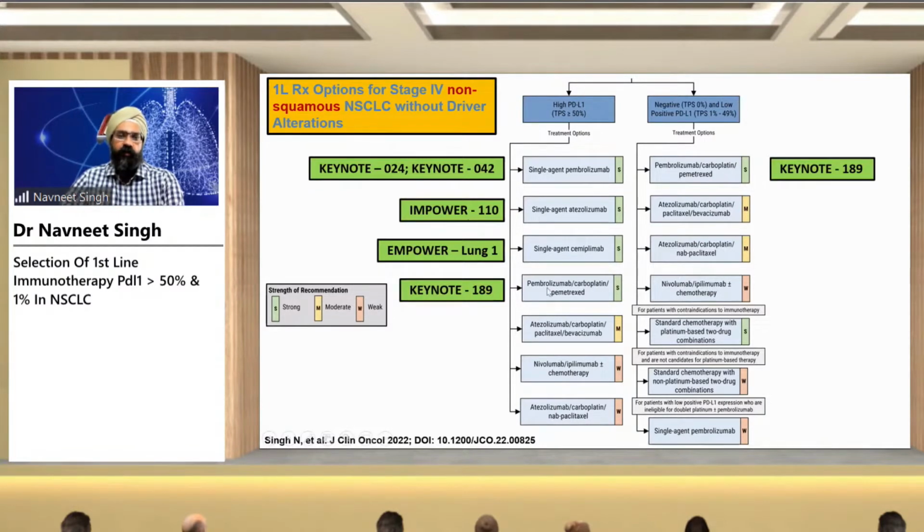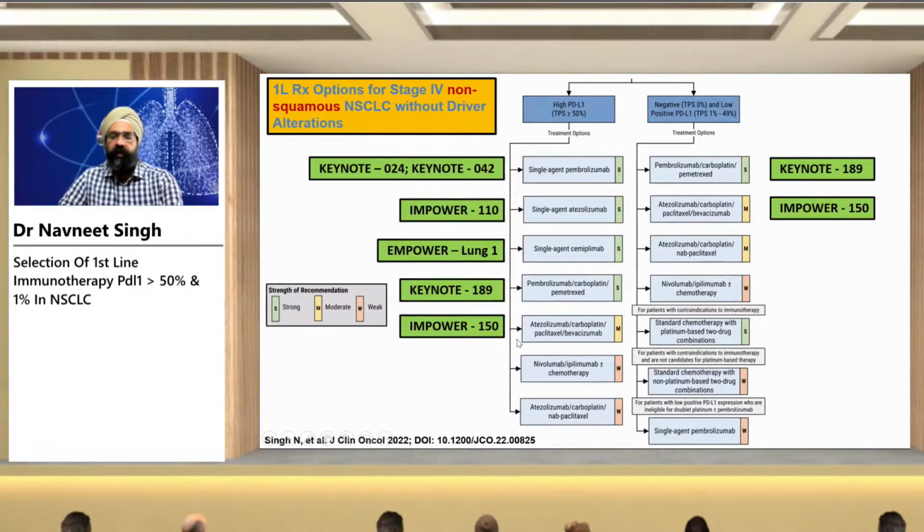Keynote 189 was the combination of pembro with pemetrexed carboplatin, and therefore is applicable for both the high PD-L1 as well as for no expression or a low expression. Similarly, Impower 150, which was a 4-drug combination of paclitaxel, carboplatin, bevacizumab, and atezolizumab, is applicable to both groups of PD-L1 expressors, and so is the Impower 130.